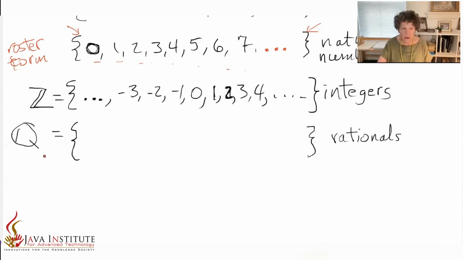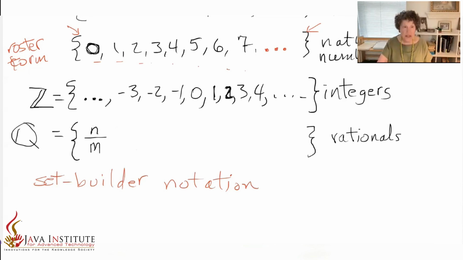Now, when I give the rationals, I'm going to give what's called set builder notation. I'm going to build the set up. The way I'm going to build it up is I'm going to say it's the set of all n over m such that, so this line here, it's called different things in different contexts, but in this context, we say "such that."